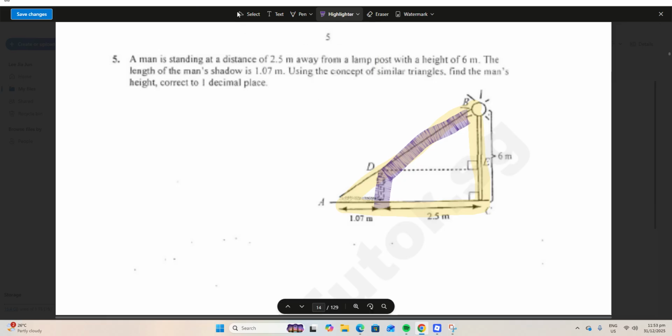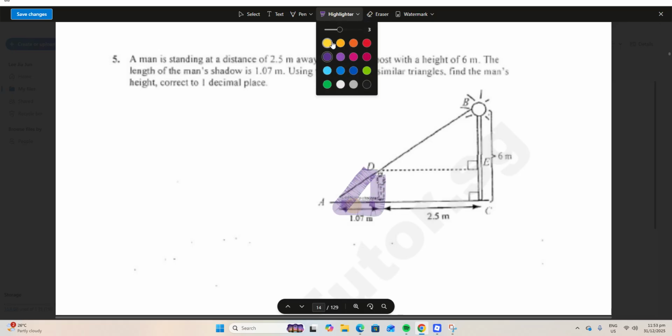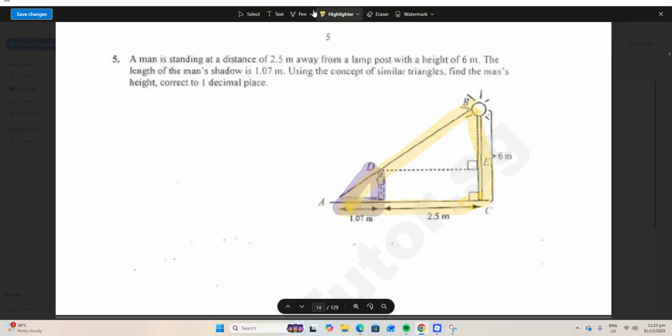No, sorry, not this triangle. It should be this triangle and this triangle. Okay. Then now what do you do?